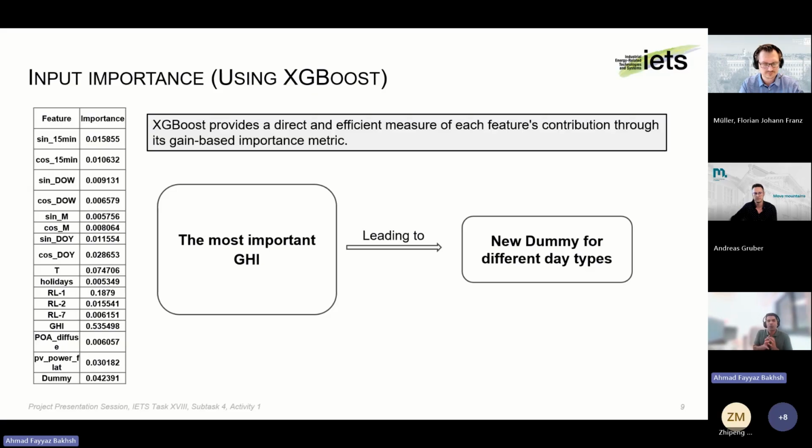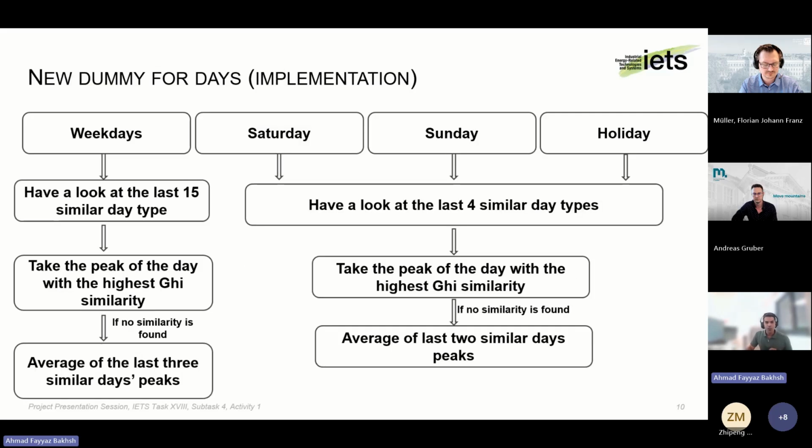It means that in terms of catching the PV peaks or the pattern itself, global horizontal irradiation is more important than any other input. So we can make the data processing a bit smart, where this global horizontal irradiation can find the pattern for us.